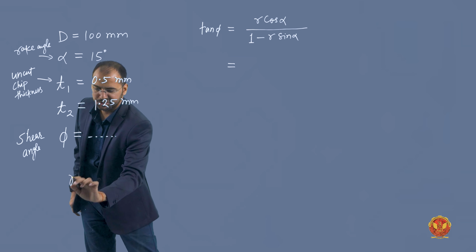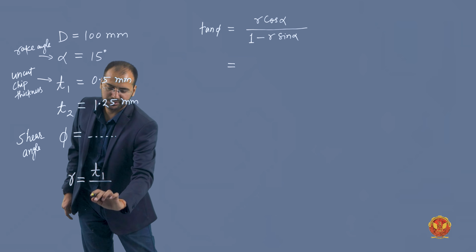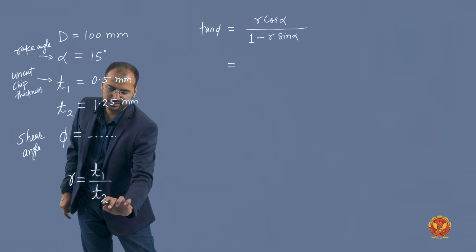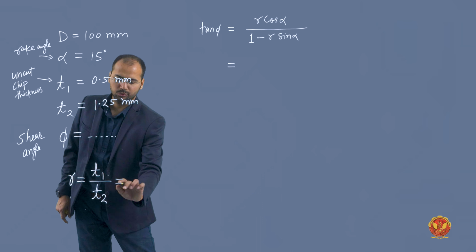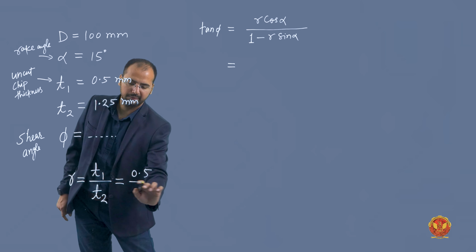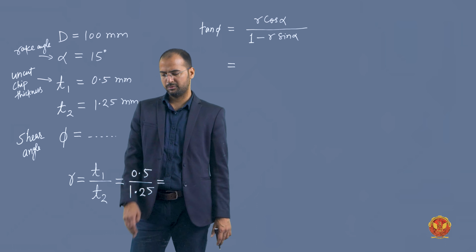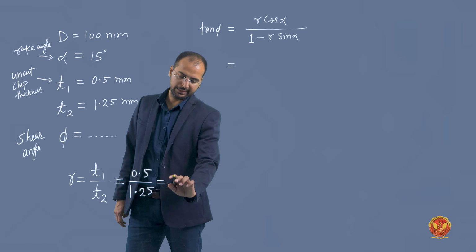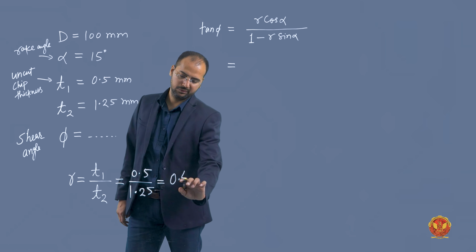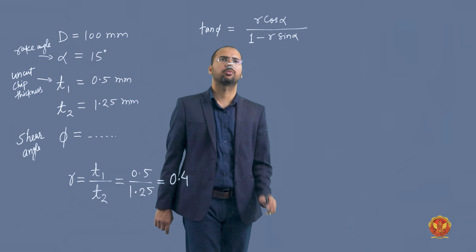R is the chip thickness ratio, and this is the ratio of uncut chip thickness divided by the cut chip thickness, T1 by T2. So our T1 is 0.5 and T2 is 1.25. When we solve it, we will get 0.4. So chip thickness ratio will be 0.4.